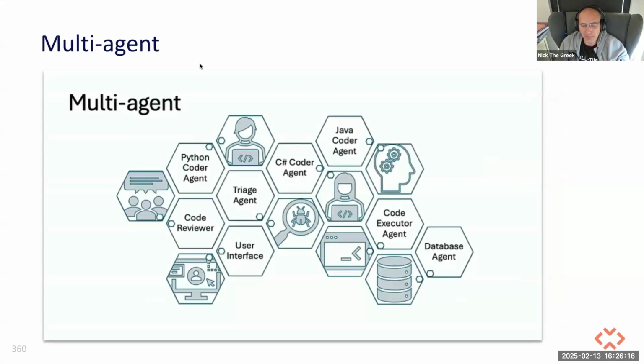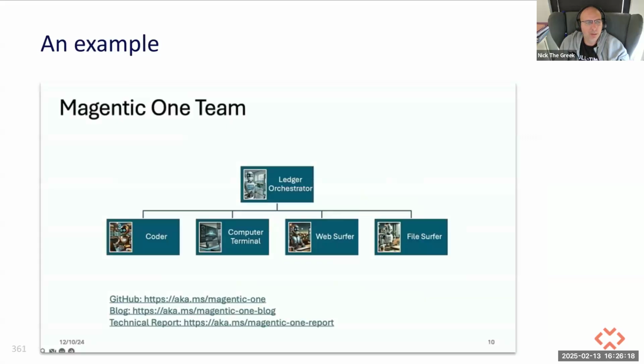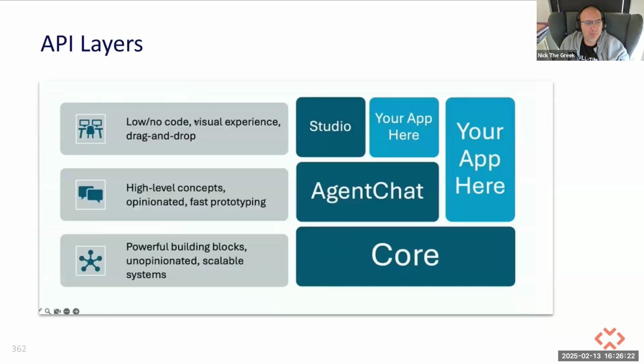Again, you can even build a whole company, like the Magentic-One team. You can go through the website and the paper, and you can read that. I'm not sure if that's something they already have, but they're aspiring to do: low-code, no-code, visual experience, drag and drop, high-level concepts, powerful building blocks, and opinionated scalable systems.